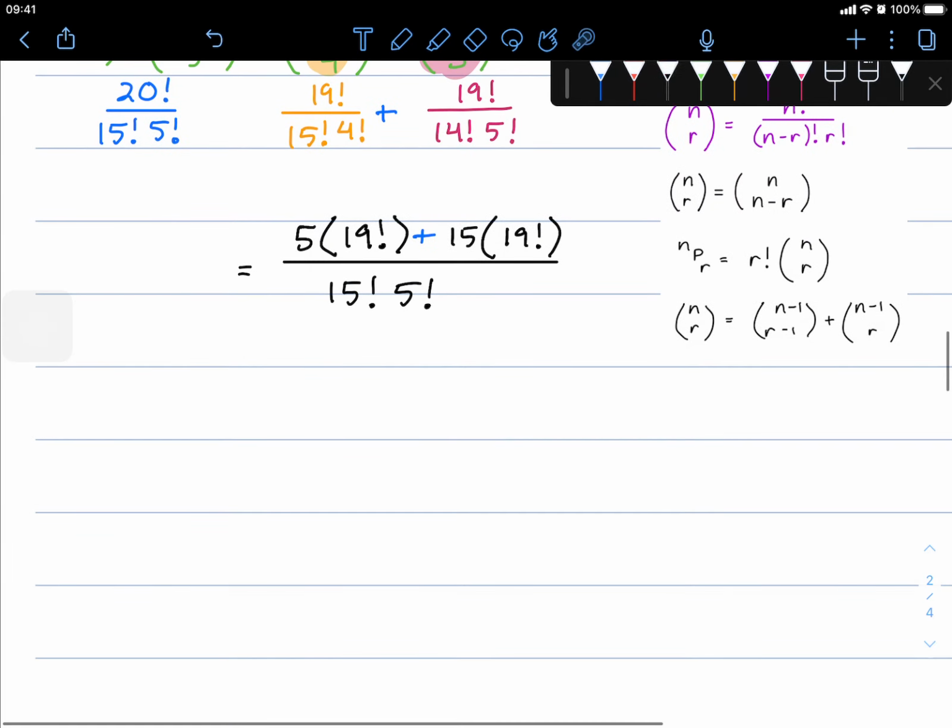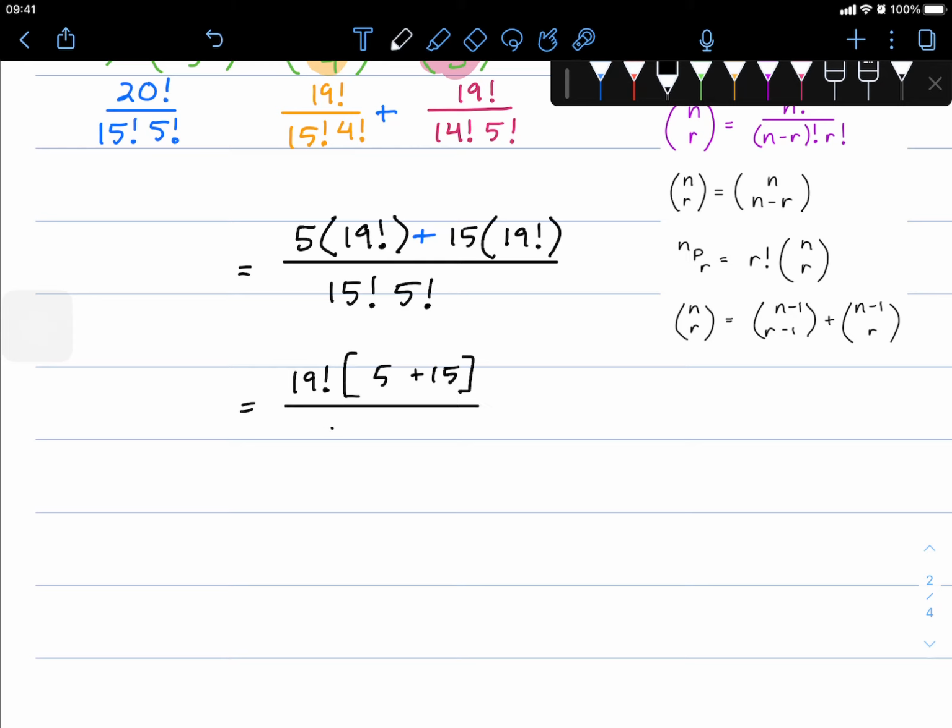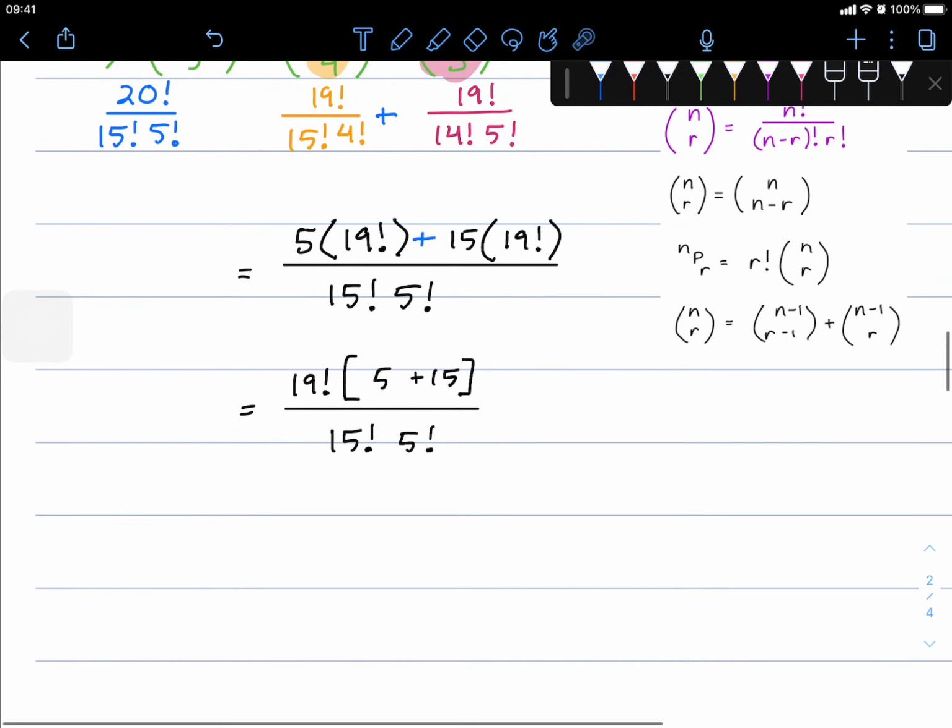Now, it may not seem like it, I'm going to take the common factor out of 19 factorial. So I'm going to write it as 19 factorial outside of 5 plus 15 over the same denominator that we have, 15 factorial times 5 factorial.